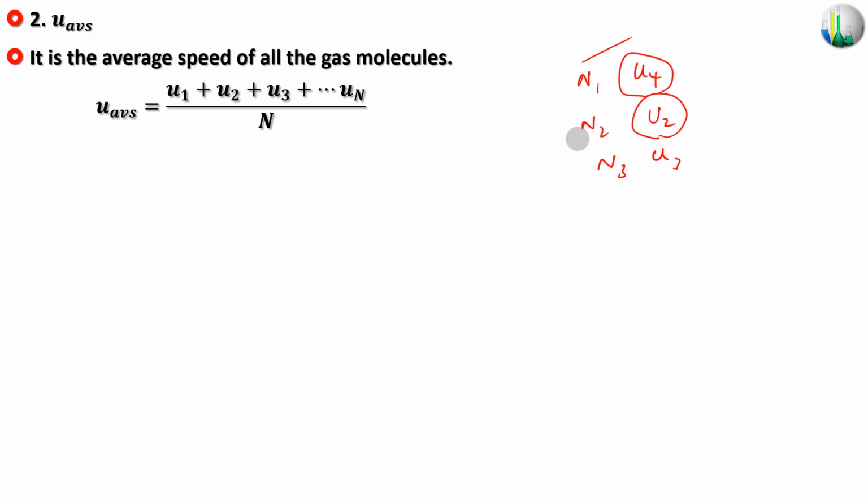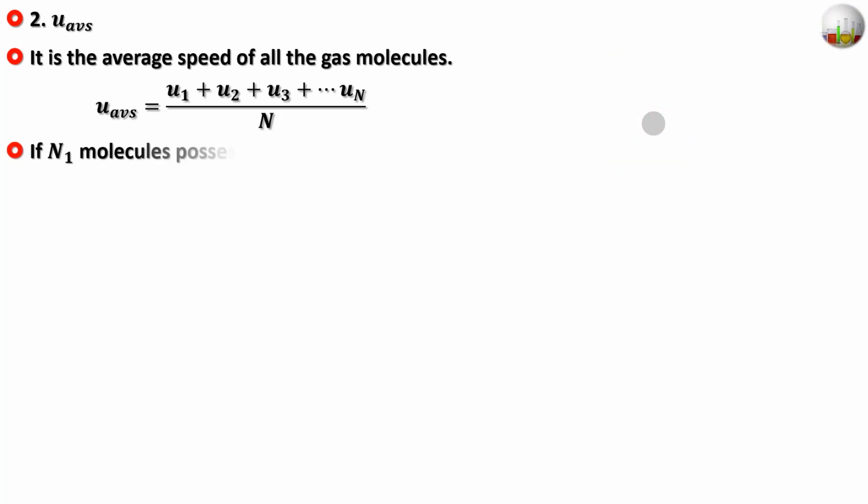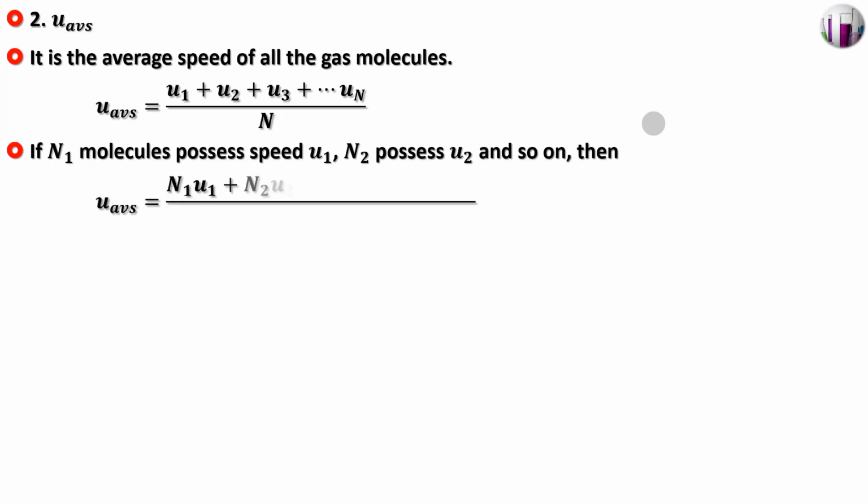Rather than adding U2, N2 times, I'll multiply these two. So this becomes this, and it's still the same average. So based on this, I would say that the U average is an integral of U dN by N.